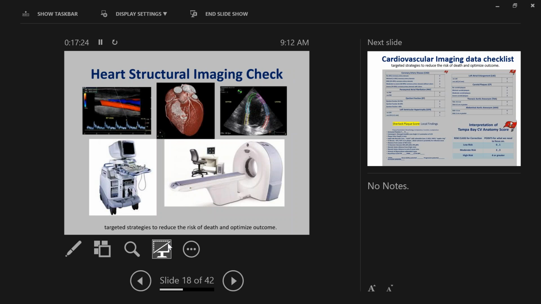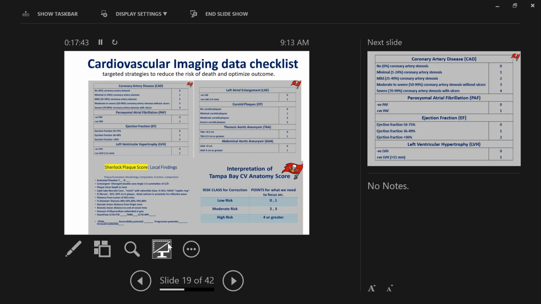So just like the heart, we can do the same thing with a CT scan, looking at the coronary arteries, and we can do the same thing with an echo, both looking at the abdominal aorta, looking at the carotids, and looking at heart and valve function. So that we have established a cardiovascular imaging data checklist, and here it is.